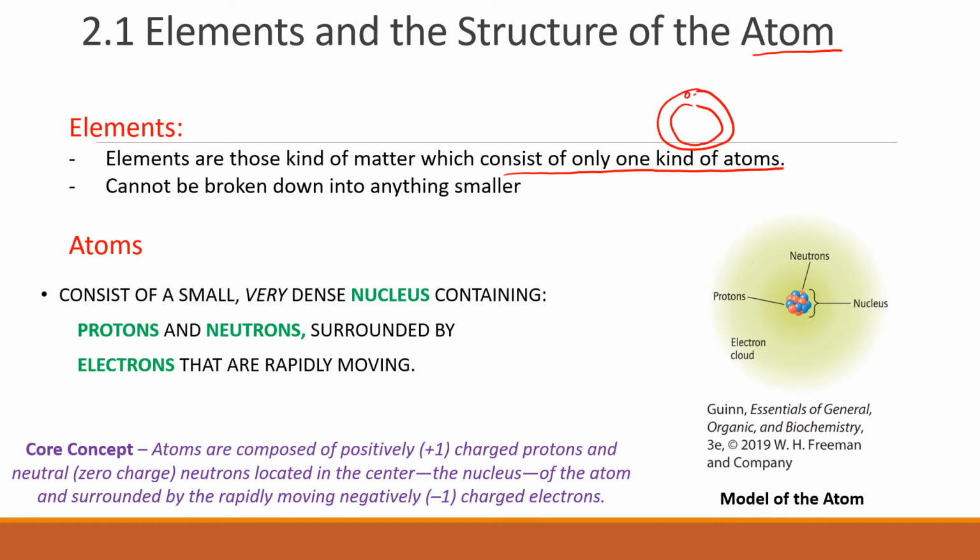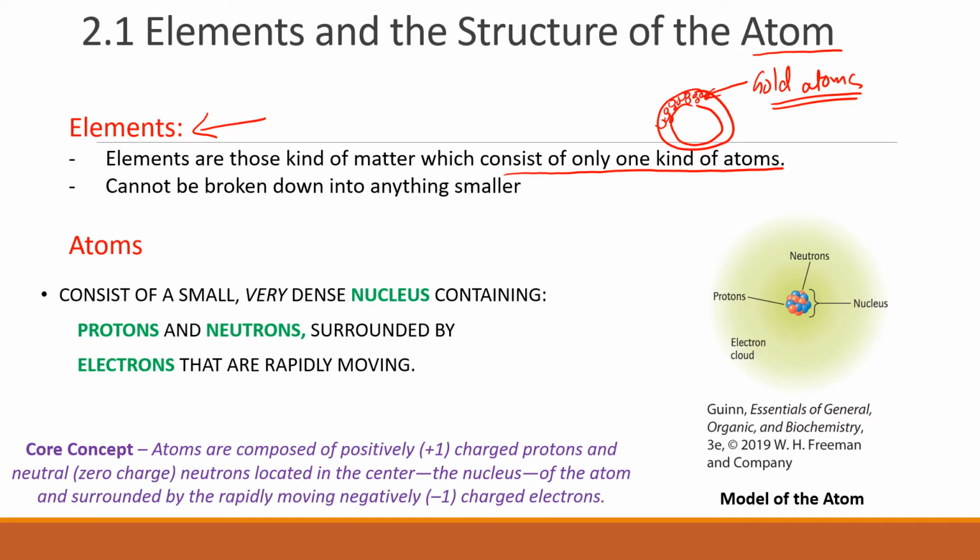This pure gold ring is made up of tiny building blocks, and these tiny things are gold atoms. Now because this gold ring is made up of only gold atoms, it doesn't have any other kind of atom. Therefore, gold is an element. We'll discuss later on those kinds of matter which are made up of more than one kind of atom.